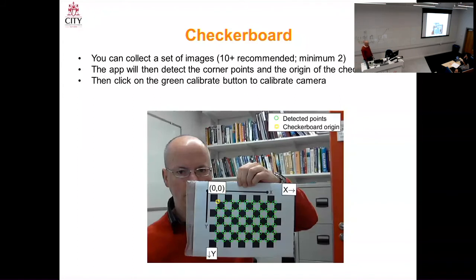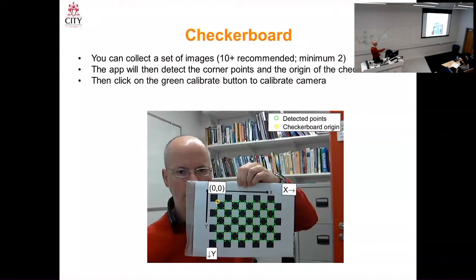Here's me in my office trying to calibrate my camera. You can collect a whole set of images. For example, you can use 10 or more images. They recommend a minimum of 2 in order to calibrate your camera. Once you have those images, it's going to automatically detect all of the corner points.